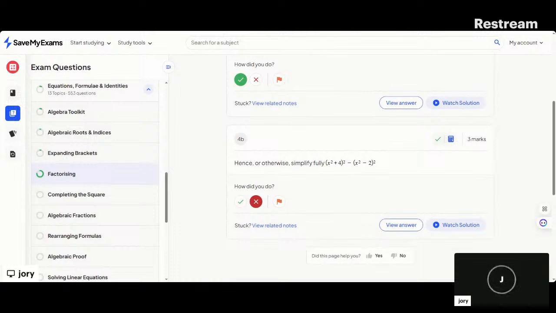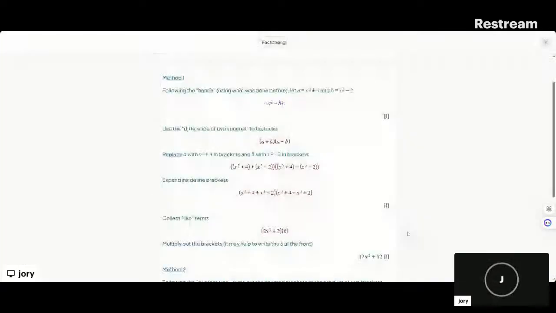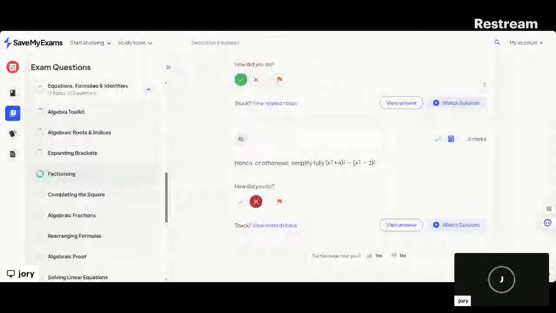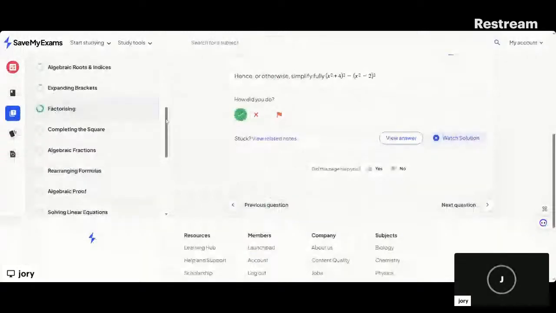So the x to the fourth will disappear, and you'll get 12x squared plus 12. Can I divide? I don't think I can divide. I think you can divide. No, you can't. It's 12x squared plus 12. It'd be dumb of me to divide.